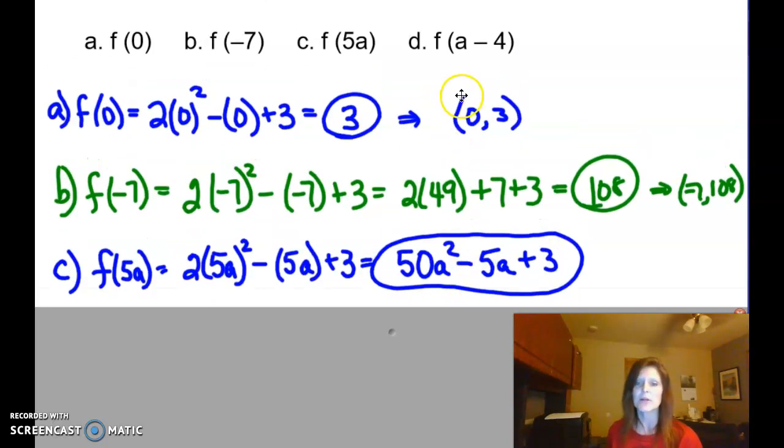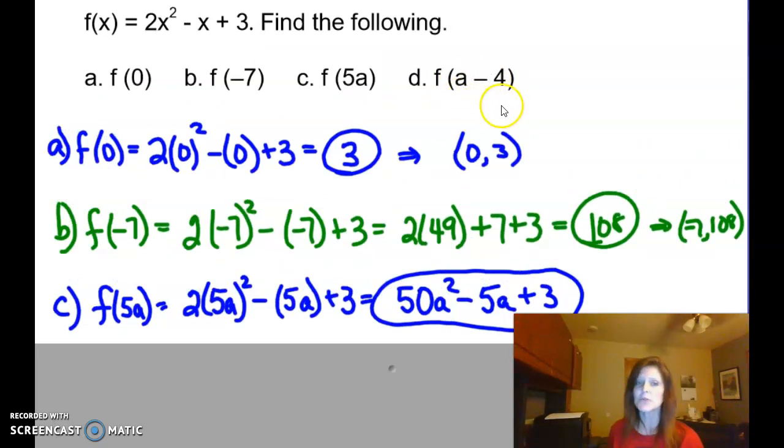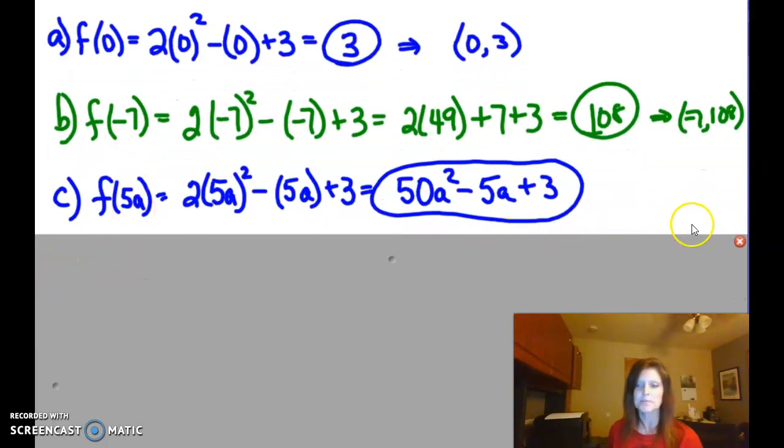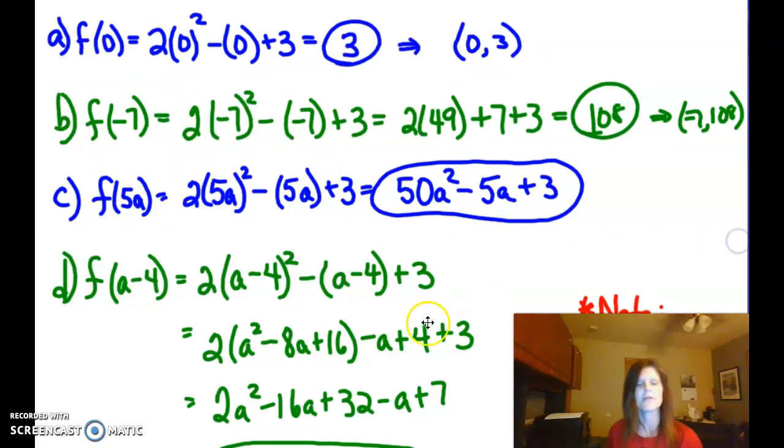Now this last one is a little more tricky. You've got a minus 4 here, and again, that has to replace both of those x's in the formula. So when I pull this up here, we see that we have 2 times that quantity, a minus 4 squared, minus the quantity, use those parentheses, a minus 4 plus 3. So I FOIL this out.